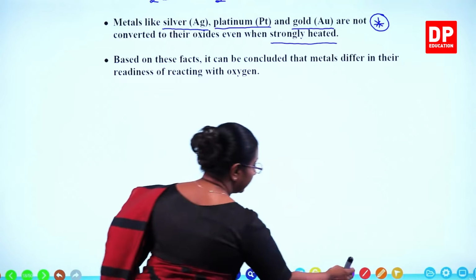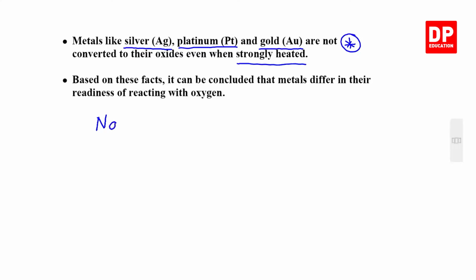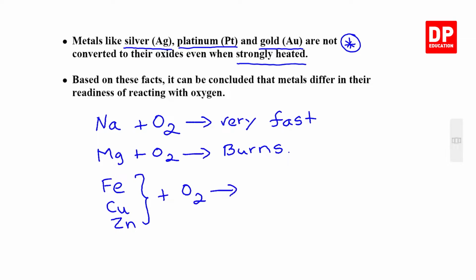So, if we consider it as a summary. Now, sodium with oxygen reacts very fast. Then magnesium with oxygen, we can say burns. Then we said iron, copper and zinc. These with oxygen react slowly.